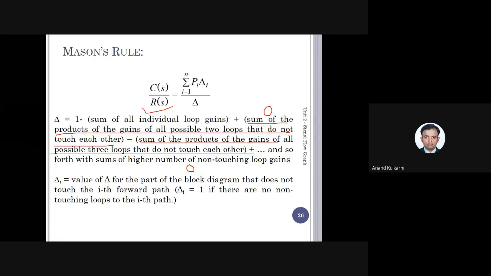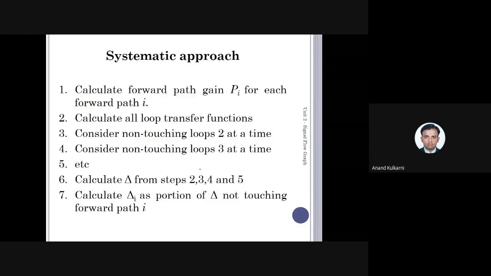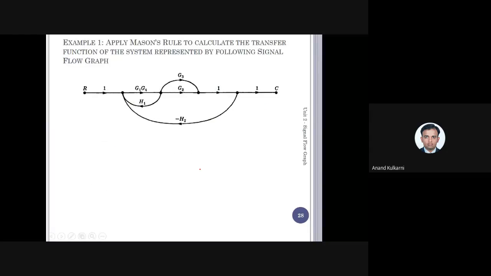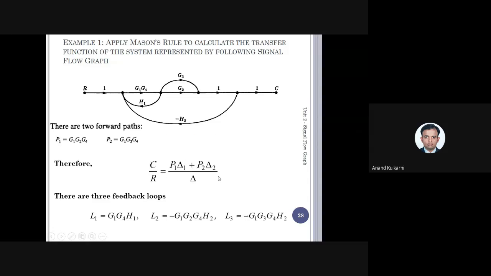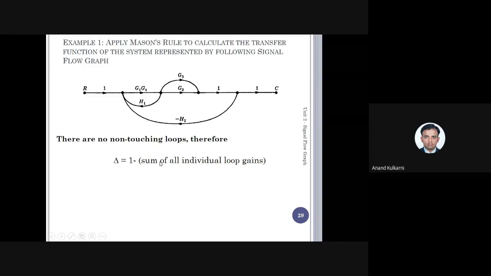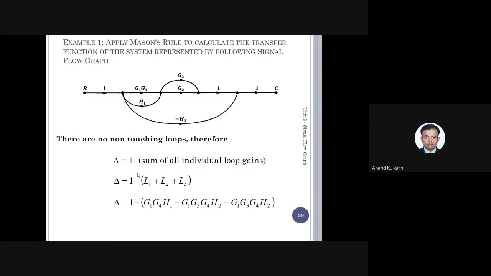So here delta is equal to 1 minus the sum of all individual loop gains. Is it clear? Have you understood this delta? So this is equal to 1 minus (L1 plus L2 plus L3). So once we have found the delta, what all things are known to us?